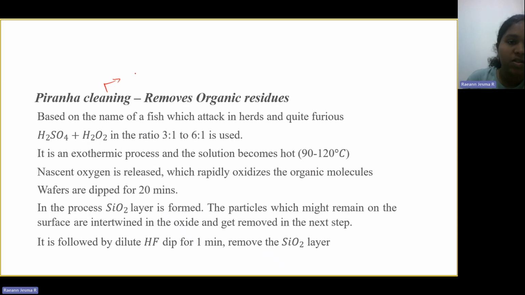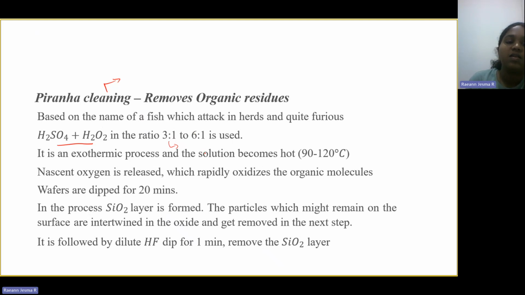This cleaning will remove all the organic residues, and we generally use H2SO4 and H2O2 in the ratio of 3:1 to 6:1. Here, the larger the concentration of H2O2, the more vigorous the solution is. So 3:1 will be a highly vigorous solution when compared to 6:1.